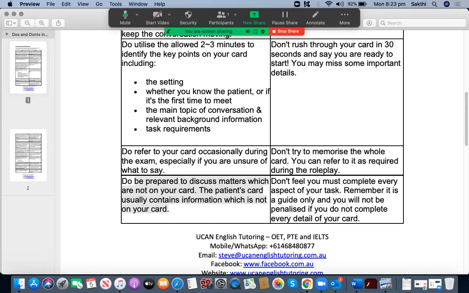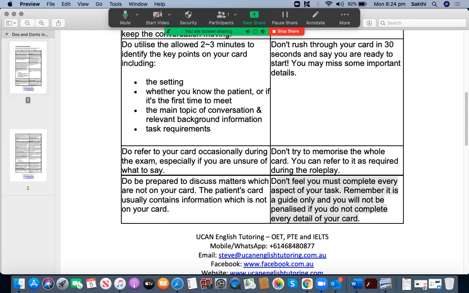Please be prepared to discuss matters which are not on your card. Remember that the patient's role play card is going to have more information than what you have on your card. So you shouldn't be surprised to receive several questions that are different from what you have on your card. Don't feel you must complete every aspect of your task. Remember, it is a guide only, and you will not be penalized if you do not complete every detail of your card.